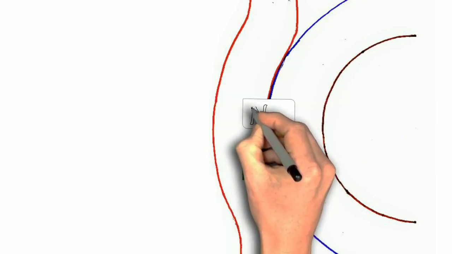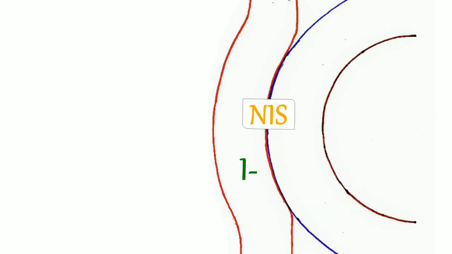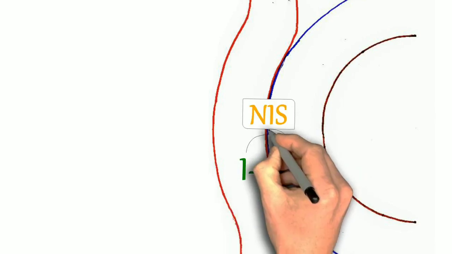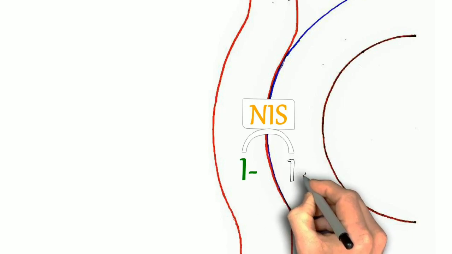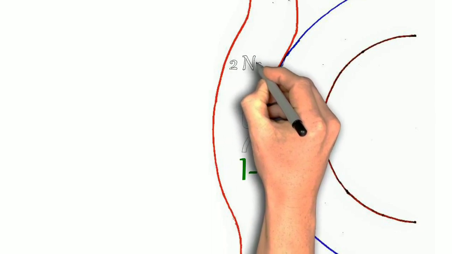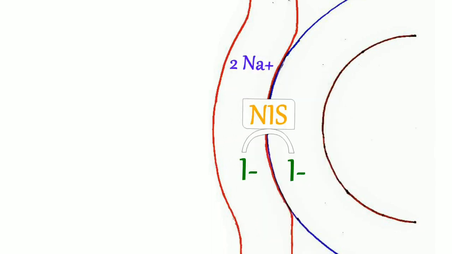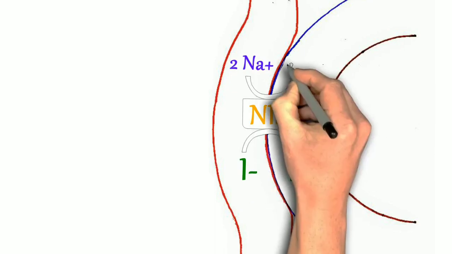And this is done via the sodium iodine symporter or NIS. The sodium iodine symporter requires a sodium gradient across the basolateral membrane, and the transport of two sodium ions allows the transport of one iodide atom.